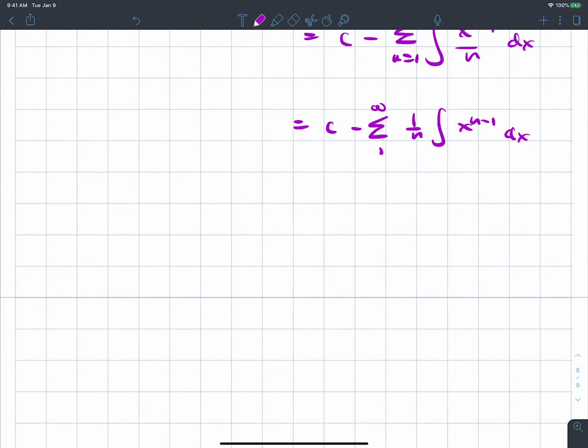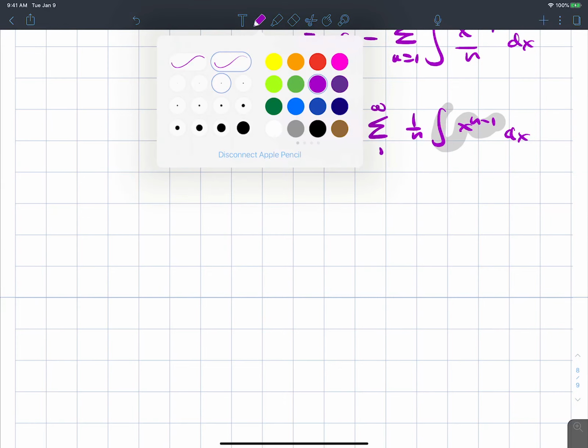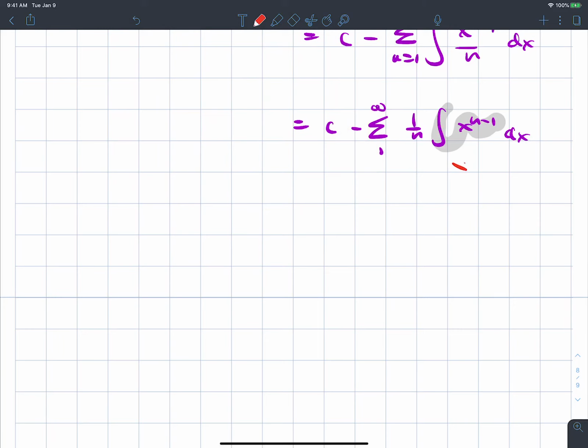So here's where my integration occurs. And you might say, okay, what happens here? Well, by power rule, this becomes x to the n minus 1 plus 1 over n minus 1 plus 1, or this is x to the n simply over n.